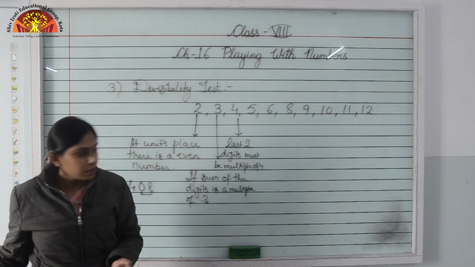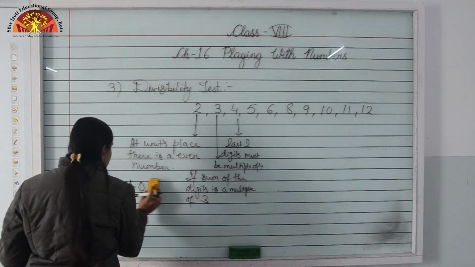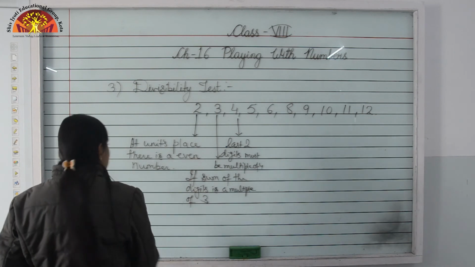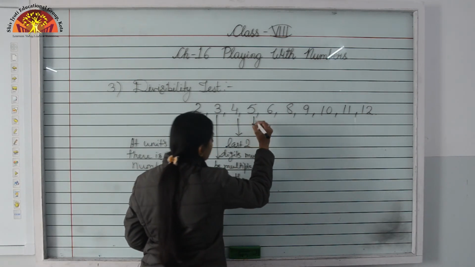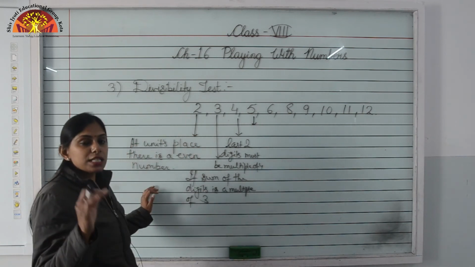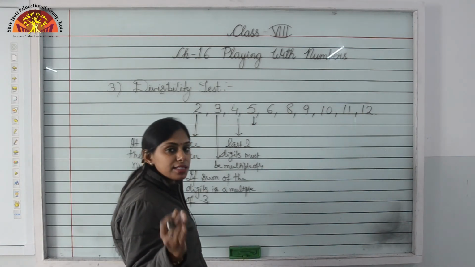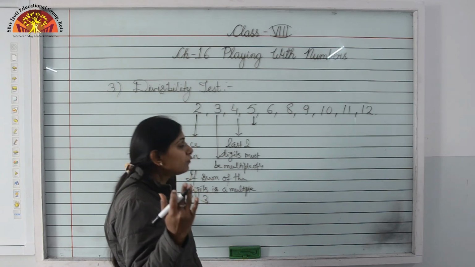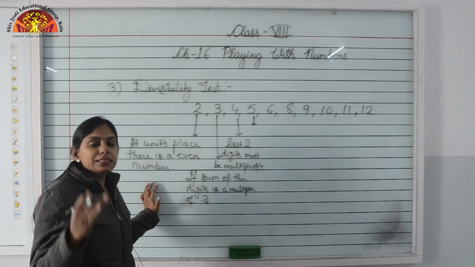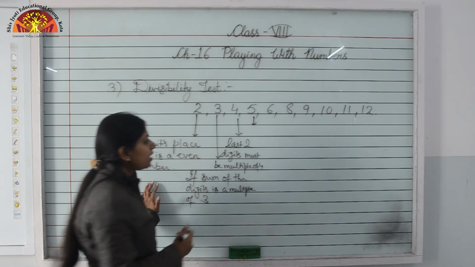Is it clear? Now the next divisibility is 5. How to test the divisibility of 5? If at the units place there is 0 or 5, then we can say that a number is divisible by 5.